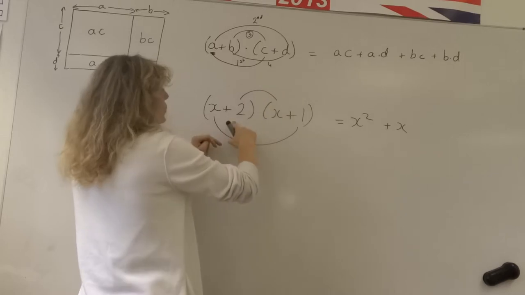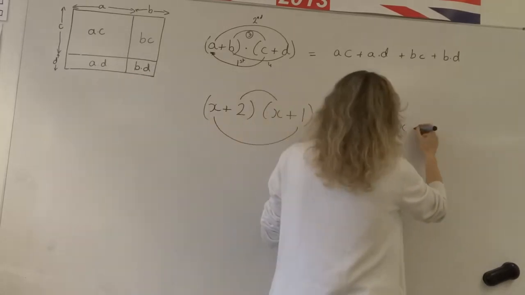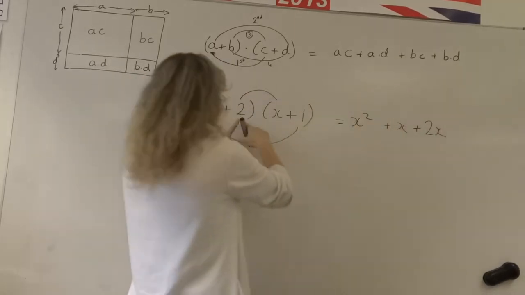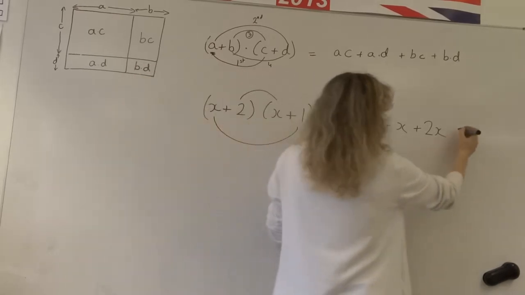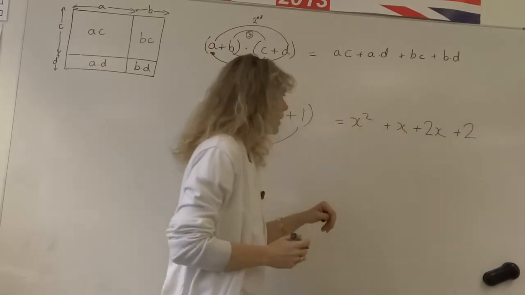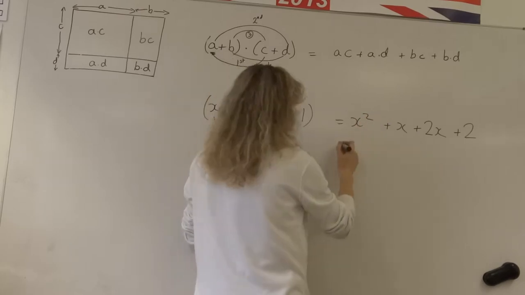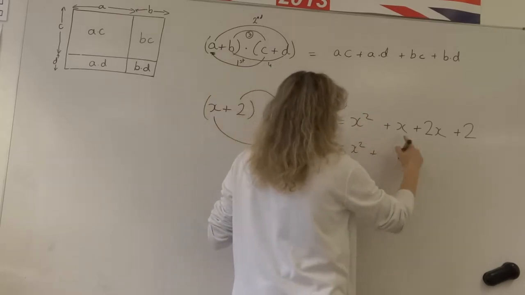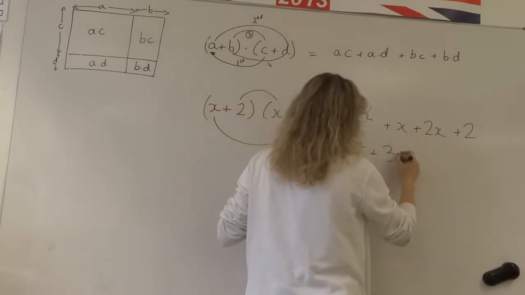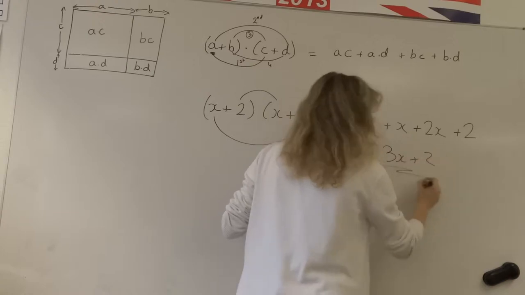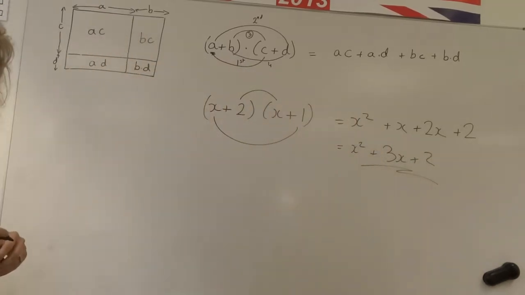Inside 2, 2 times x is 2x. And last 2, 2 times plus 1 is plus 2. Are we finished? No, we've got 2 lots of x terms there. We get x squared plus x plus 2x is 3x, plus 2. And we're done.